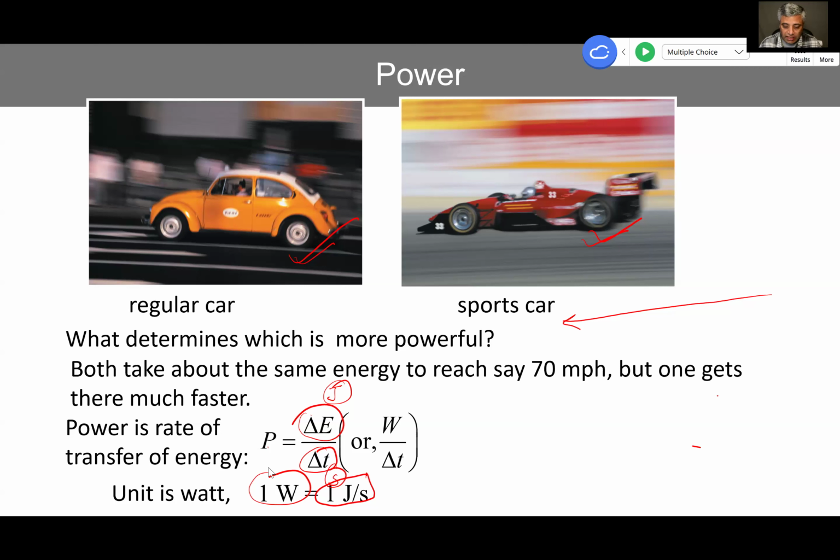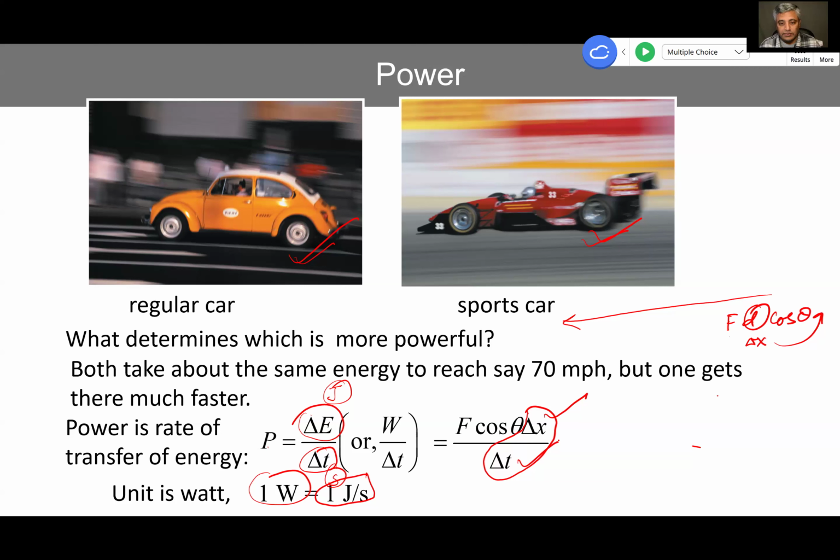So just like I was saying, we can write power in terms of force as well by using the definition of work. Remember, work is F d cosine theta. For d, I am using delta x here and writing it there. Since they are all multiplying each other, I can write it anywhere I like. I'm doing this so that I can pair these two. So this is like displacement divided by time interval.